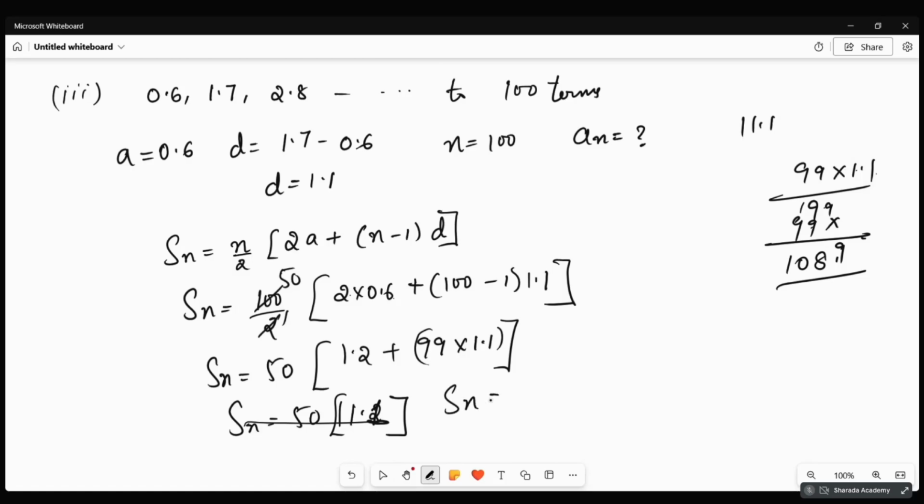So Sn is equal to 50 into 1.2 plus 108.9.